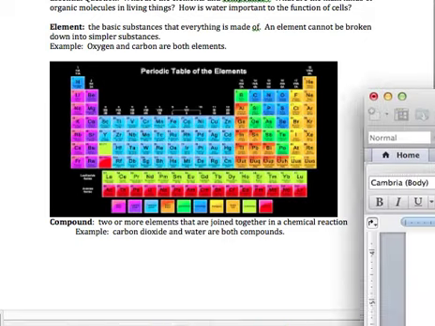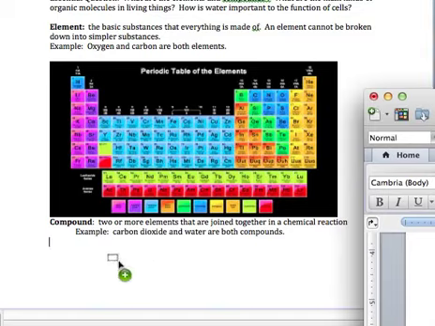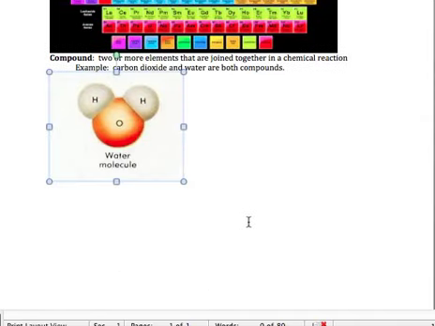Those are both compounds. Water is made up of 1 oxygen molecule and 2 hydrogen molecules. I'm sure at some point you've seen the term H2O, or maybe you've used the term H2O to describe water. Well, that's what that means. It has 2 hydrogen atoms and 1 oxygen atom in every water molecule. That is a compound.